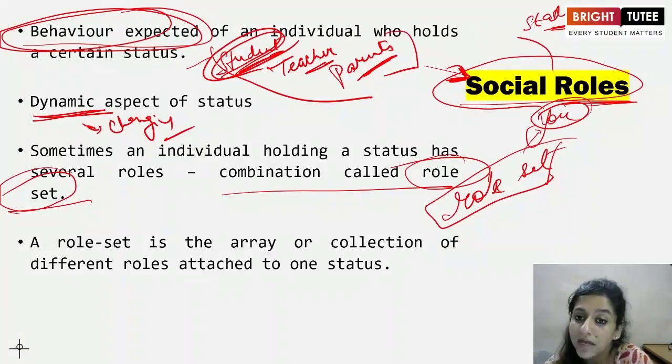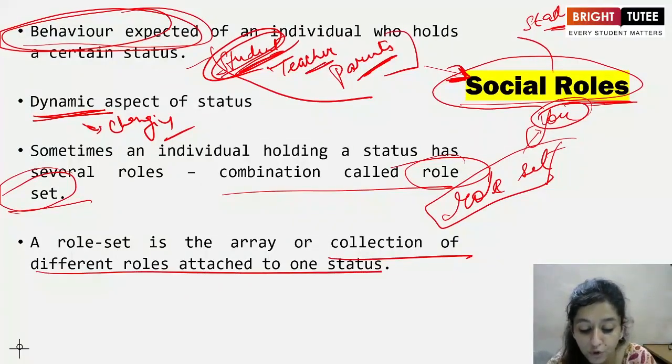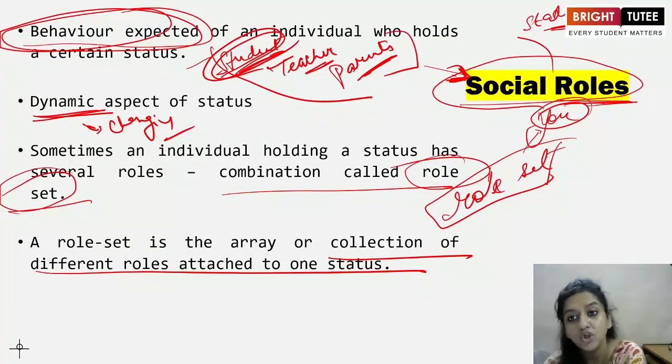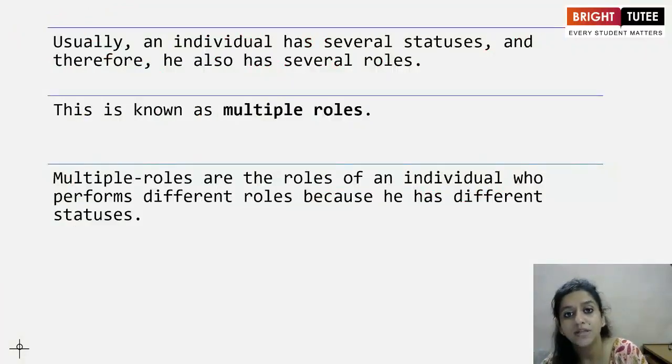So all of these roles, when combined together, make a role set. So a role set is an array or collection of different roles attached to one's status. It is a collection of different social roles combined together.